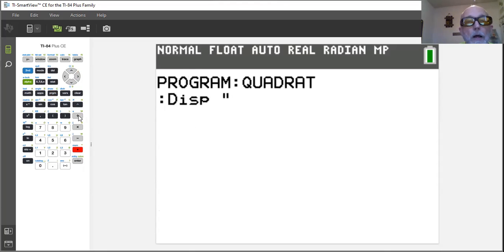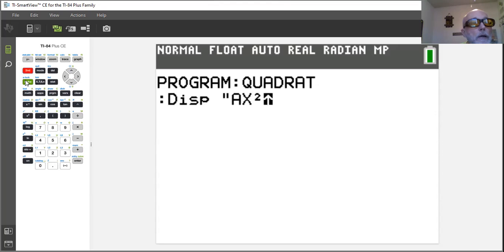So I'm going to say A. So it's already on alpha, right? That's the A there. And so we're going to say alpha, and we want A, and then X, and then squared, which is not alpha. So I have to get out of alpha, hit the squared button.